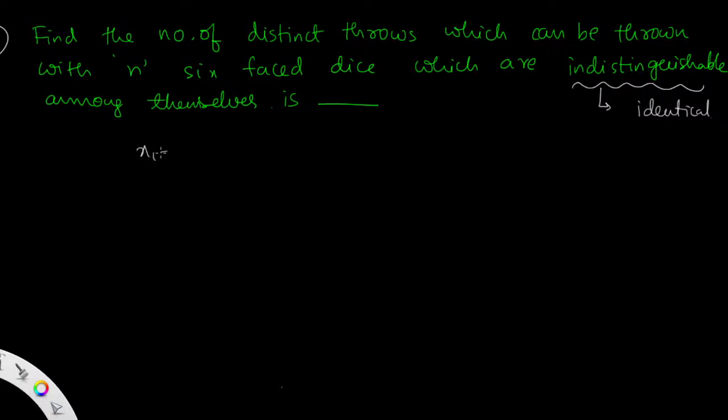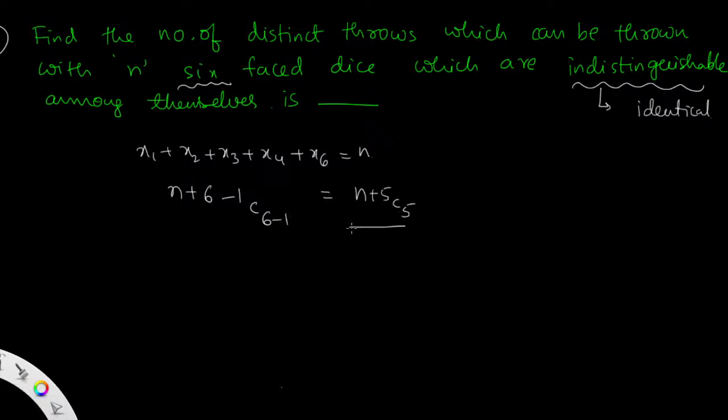Let it be x1 plus x2 plus x3 plus x4 plus x5 plus x6 equal to n. By using the formula, n plus 6 minus 1 C 6 minus 1, that is n plus 5 C5.